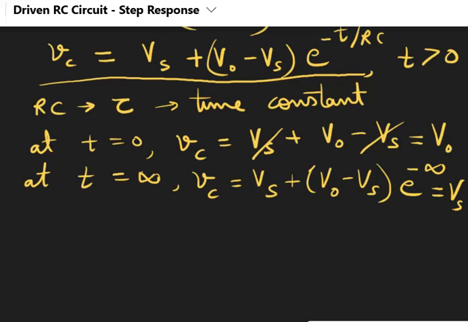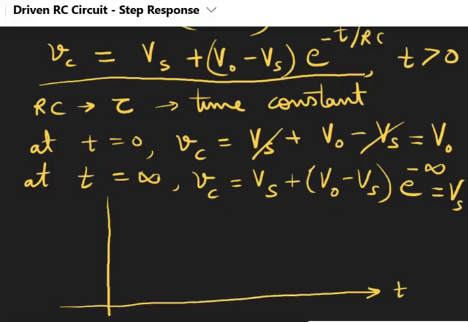So let us plot its response. Suppose these are two voltage levels, and we are considering that V0 is less than Vs. This is the capacitor voltage, it is at 0.